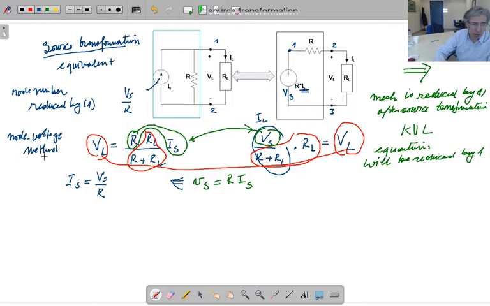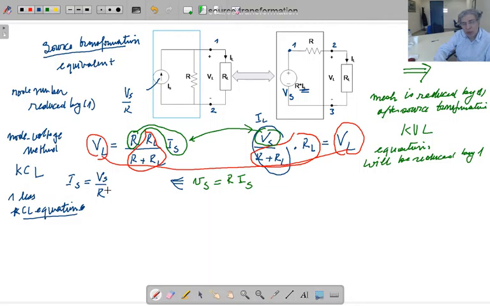Then you're going to write Kirchhoff's current law equations. Since one of the nodes is reduced, you're going to write one less KCL equation. So that is the use of it. You are reducing the number of equations that you're going to solve. That is useful, of course. That is another usage of it.